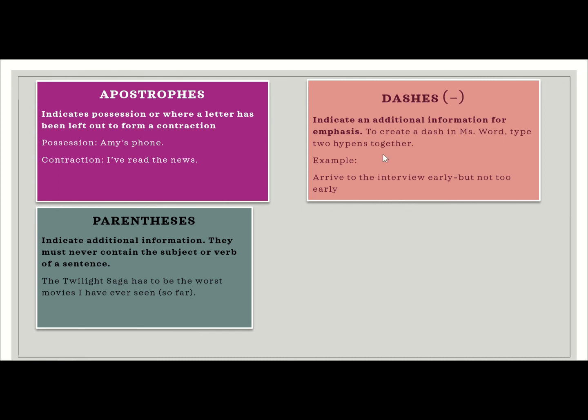For example, arrive to the interview early, but not too early. Now, the phrase "but not too early" express how early you need to come, and also it indicates an emphasis. Okay, you can come early, but please not to be too early. It is an emphasis that you need to obey.